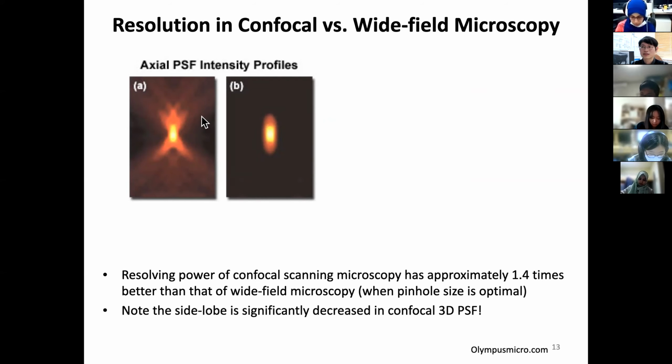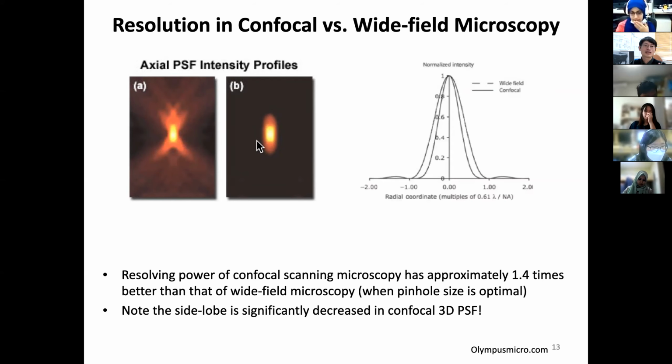The left one is wide field, the right one is confocal. Wide field has this point spread function, which actually has this part. That's why you don't get a very nice three-dimensional image. It's all blurred out. But confocal removes this out-of-focus light effectively.